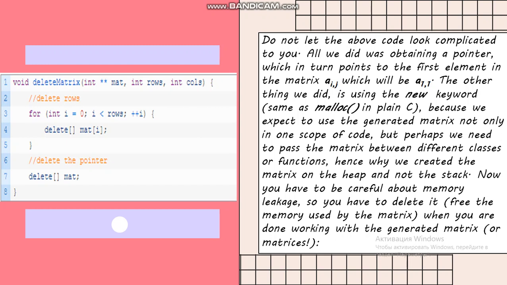The other thing we did is using the new keyword, such as malloc in plain C, because we expect to use the generated matrix not only in one scope of code, but perhaps we need to pass the matrix between different classes or functions, hence why we created the matrix on the heap and not the stack.